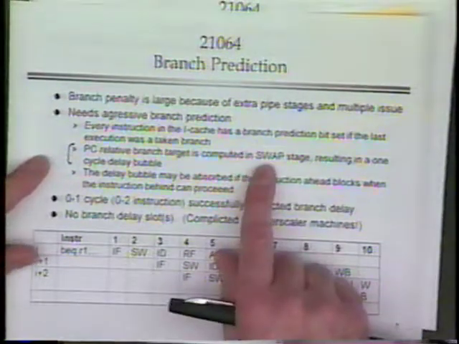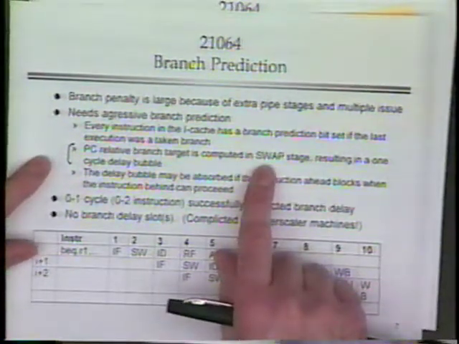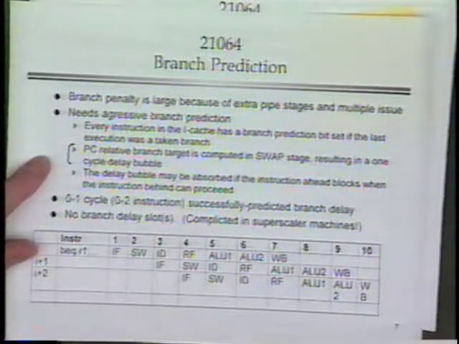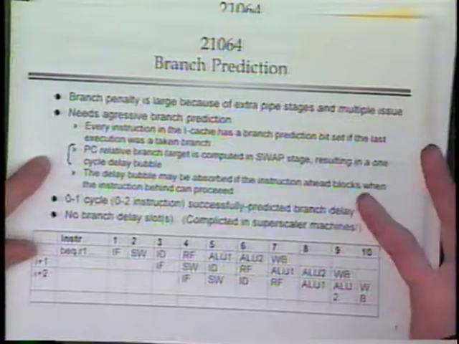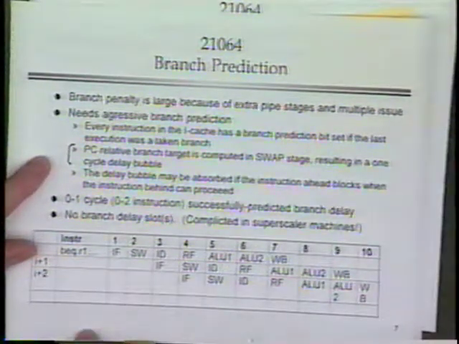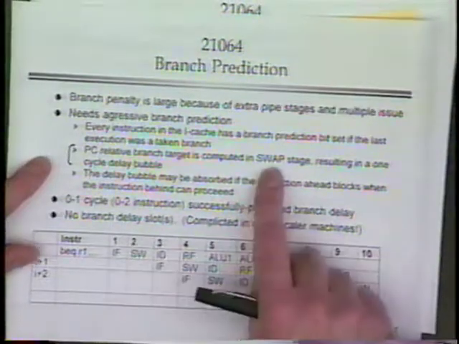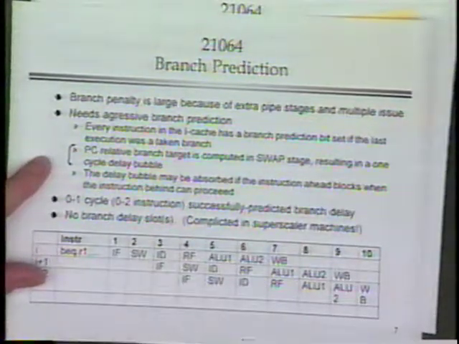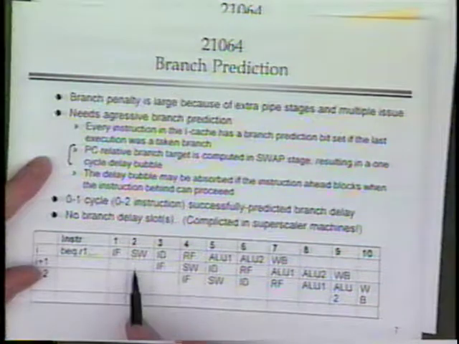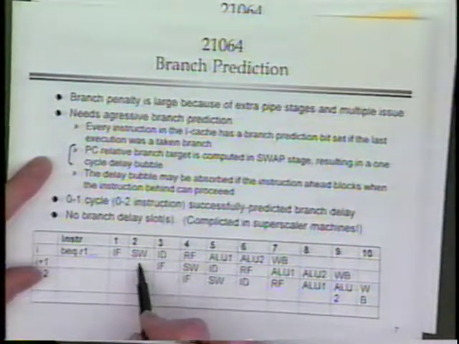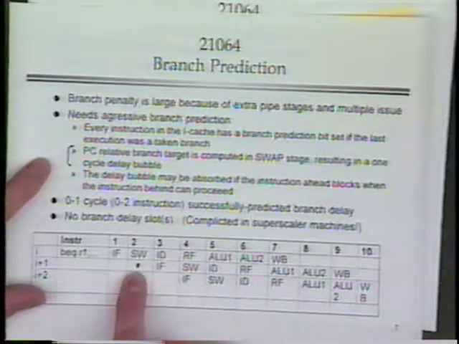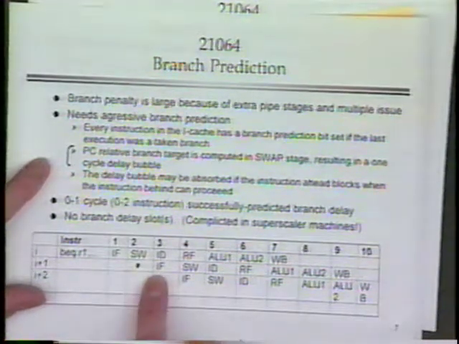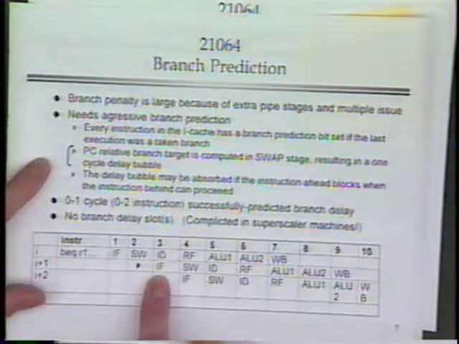I guess that partially answers your question, that they don't wait until the end of the ALU to compute the branch target. They can do enough decoding in the swap stage to do the addition of the displacement plus the current PC. But it's still 1 cycle late, so there's a 1 cycle bubble that gets added in the pipeline. Instead of issuing the subsequent instruction here, if they predict a taken branch, they have to do it at the end of the swap phase.